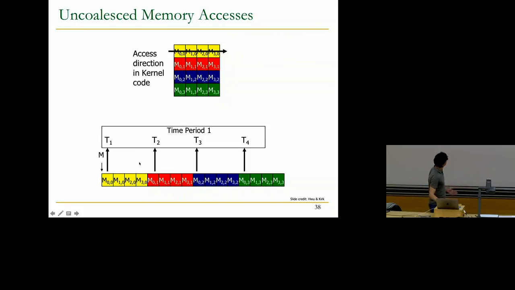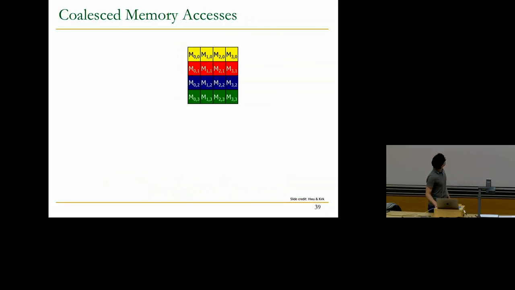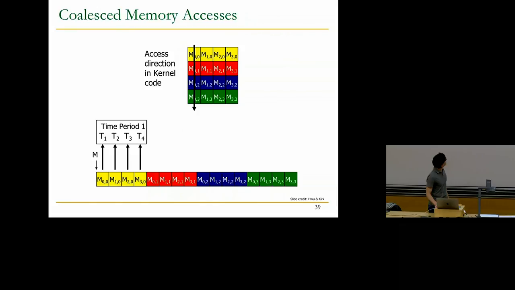So in the end, for this particular example, we will need 4 memory accesses for this first time period, and then the next time period, another 4 memory accesses. In a coalesced memory access, we access this way, so these 4 memory requests here can be coalesced. We can access the 4 elements at the same time, and we will achieve peak bandwidth.